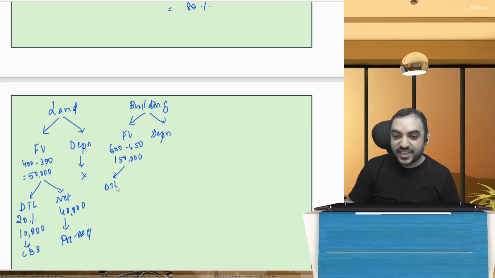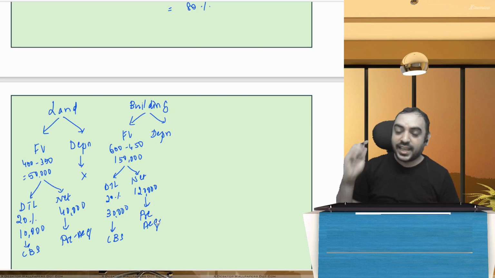Calculate deferred tax liability at 20%, and that comes to 30,000, and that will go to the consolidated balance sheet. And net, 1 lakh 50 minus 30,000 is 1 lakh 20,000, that we will take as pre-acquisition profits for goodwill calculation and NCI calculation.